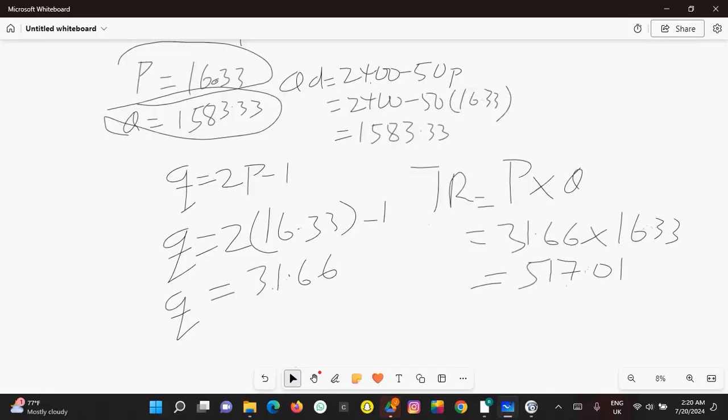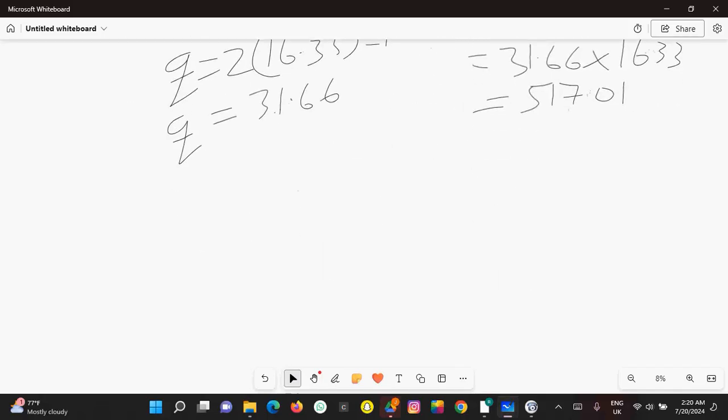Let's go ahead and solve for total cost. TC is for the individual firm.